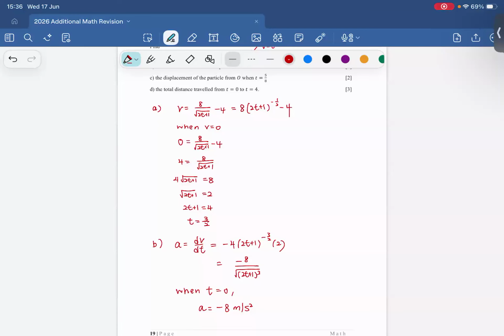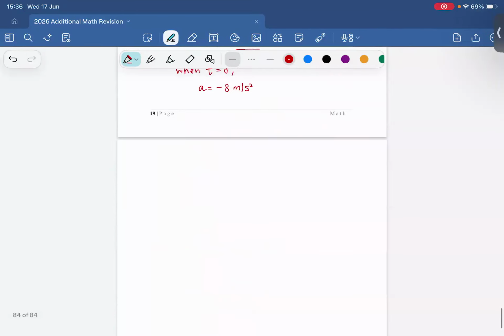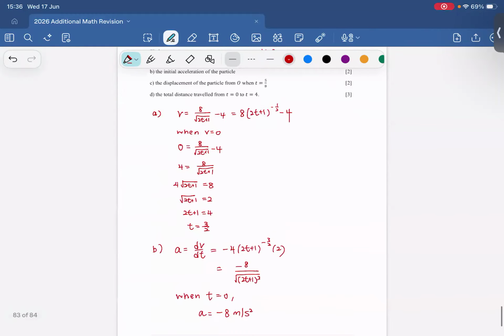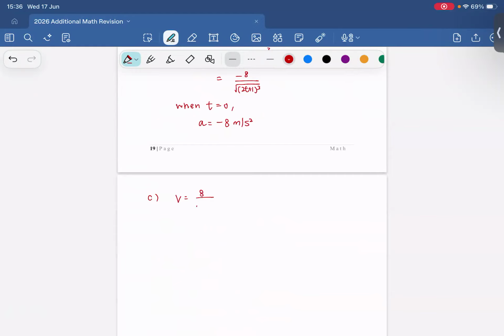Okay, part C, the displacement of the particle from O when t is this. So to find s, we have to integrate.